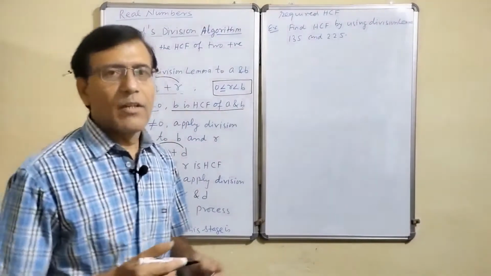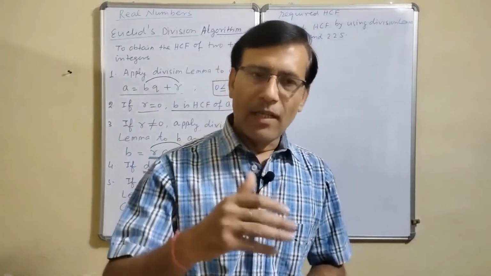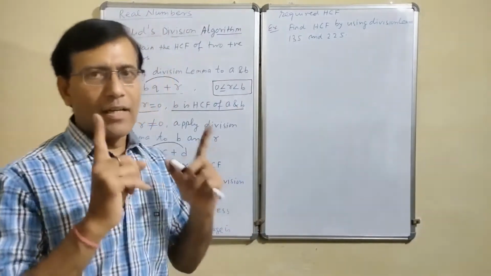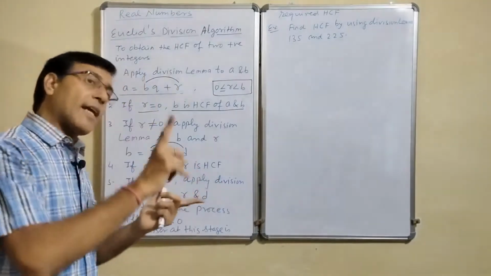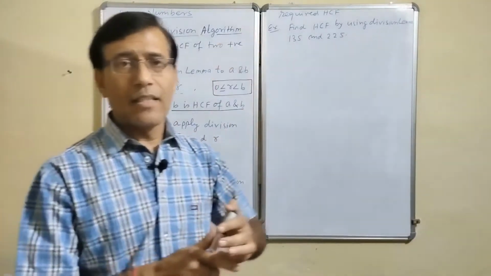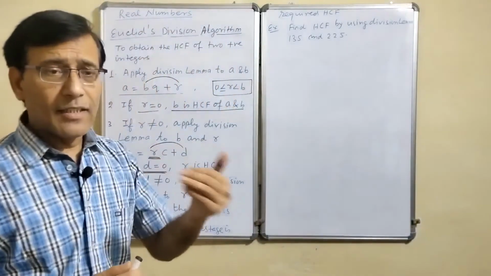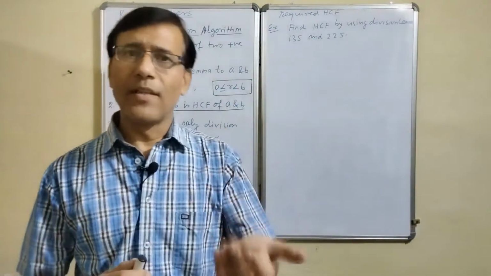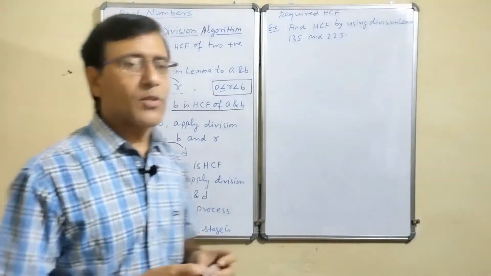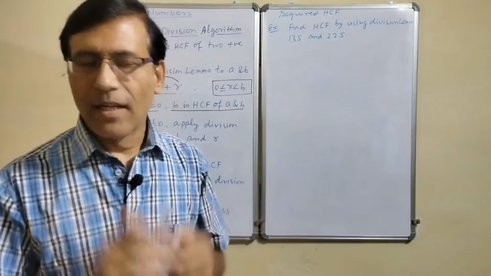We have to continue this process till the remainder is 0. So in this algorithm we continue the process till the remainder is 0, and the divisor at that stage will become the required HCF. This is the statement of the algorithm that we will use, and this is an application of Euclid's division lemma, used to find the HCF of any two positive integers.